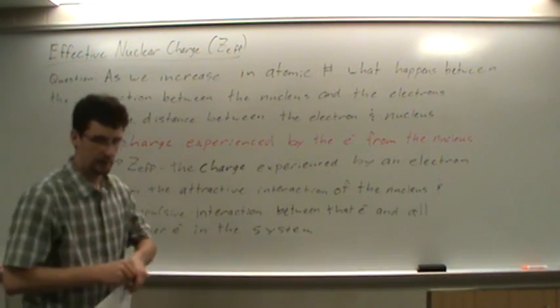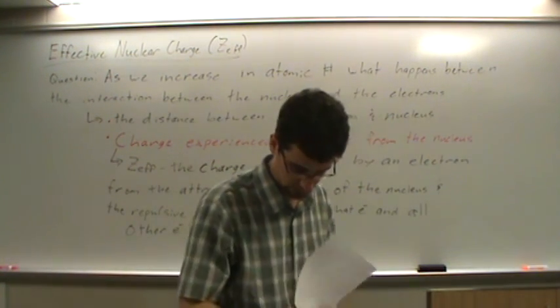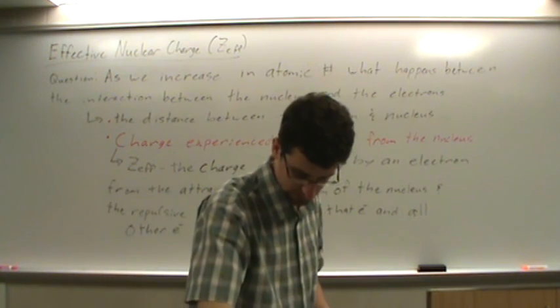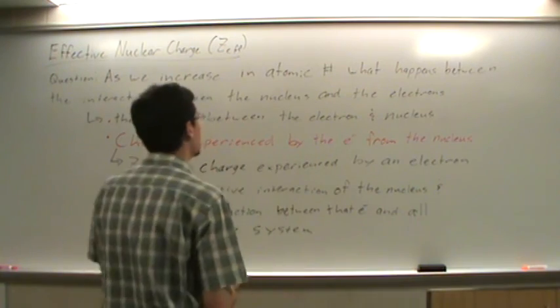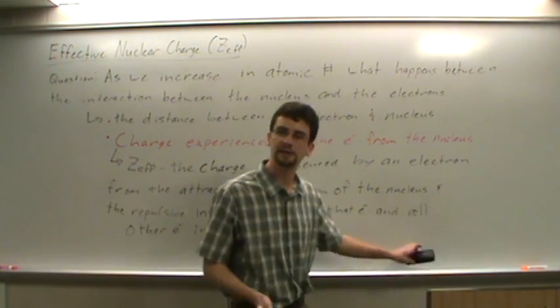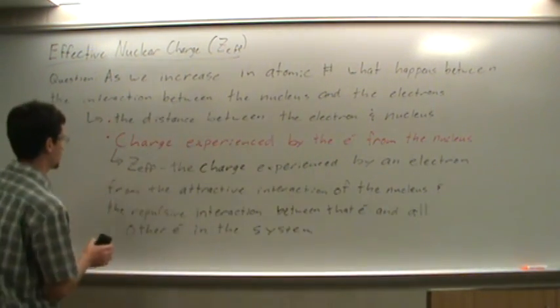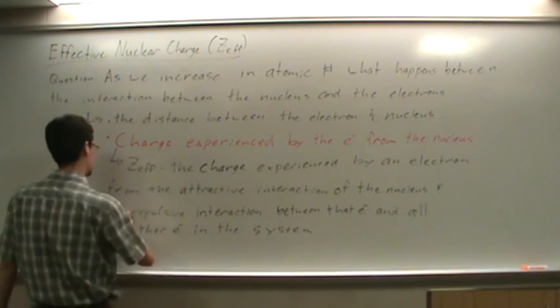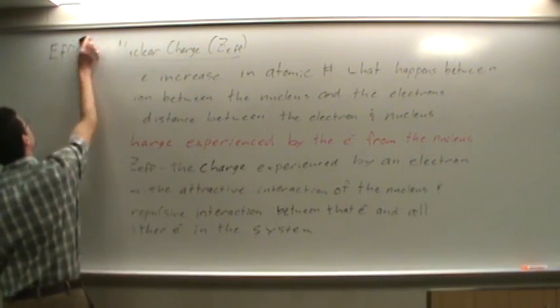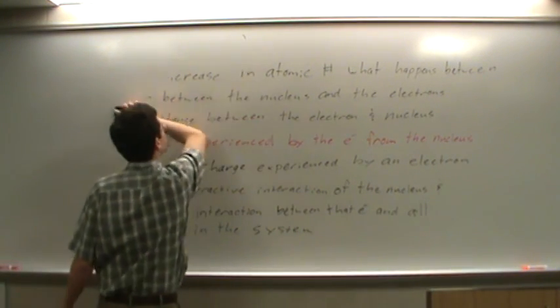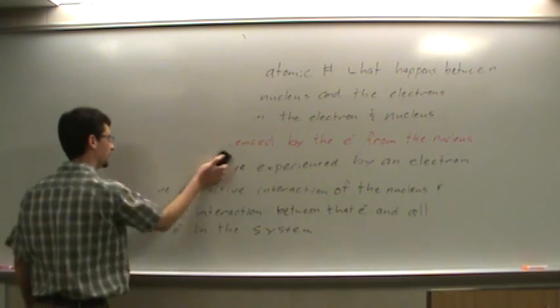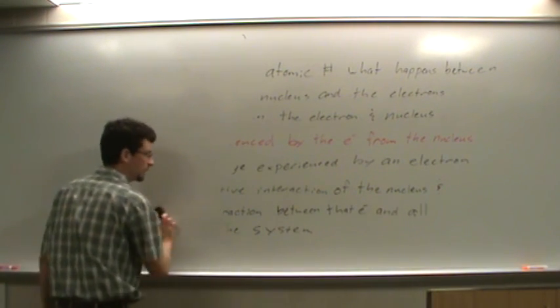All right, and the way that this is calculated is it considers two things. It considers the charge on the nucleus, and it considers another parameter known as the shielding constant, which is given the Greek letter sigma.